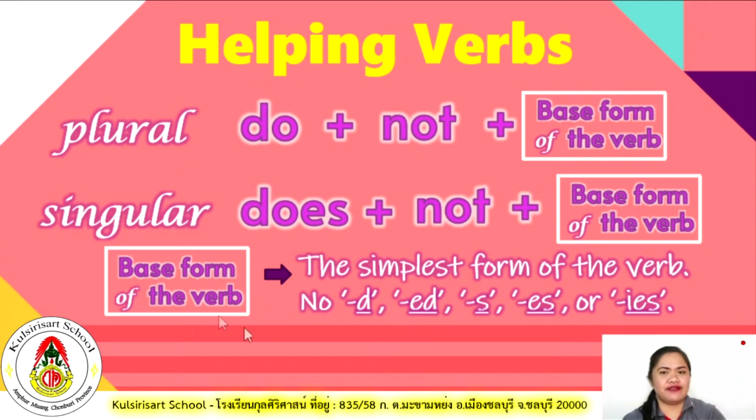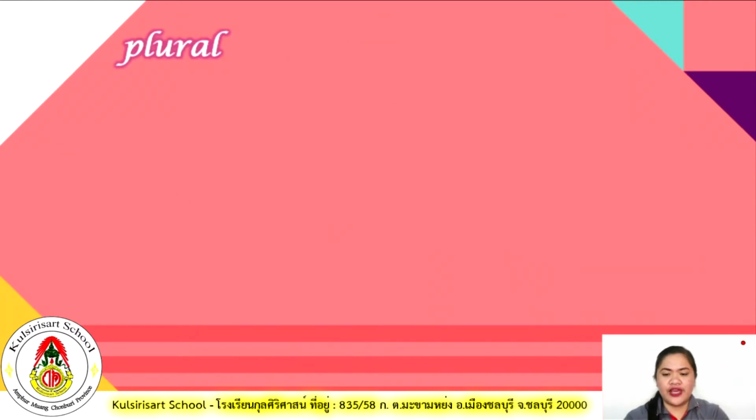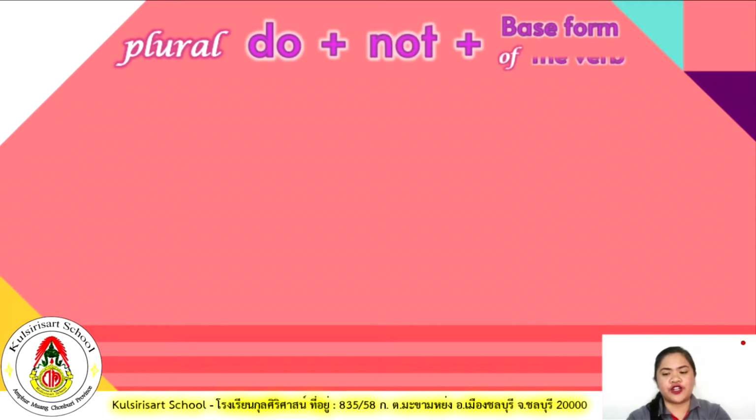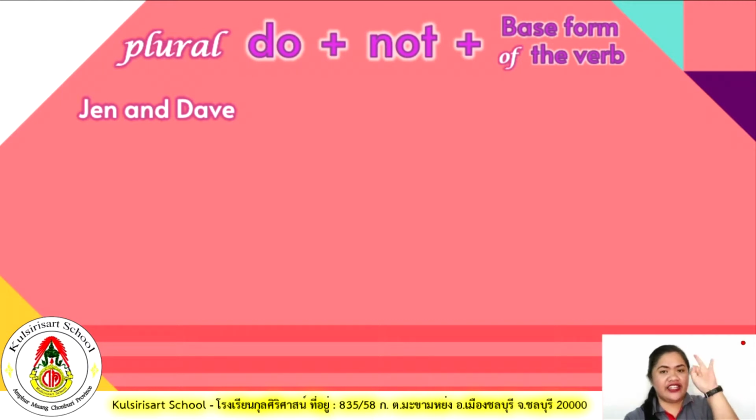Now let's have some examples. We have here the example of the helping verb do. Of course, it is used if the subject of the sentence is plural. So we have here the example. The subject is Jen and Dave. Okay, we have two subjects, which means they are plural.